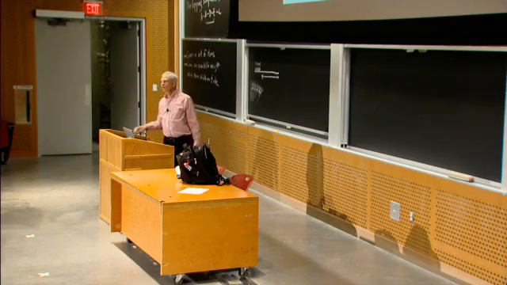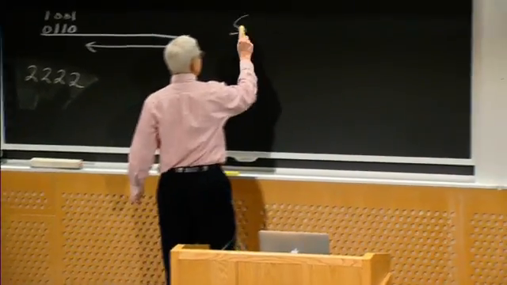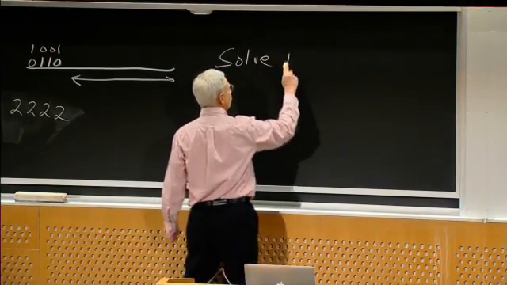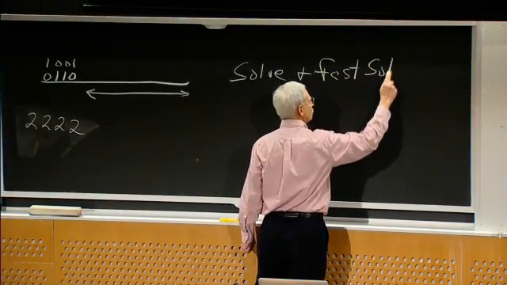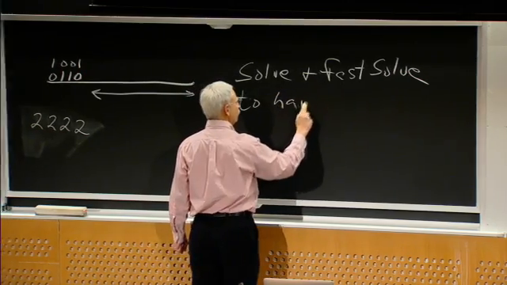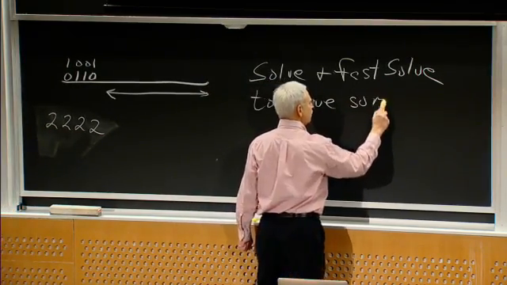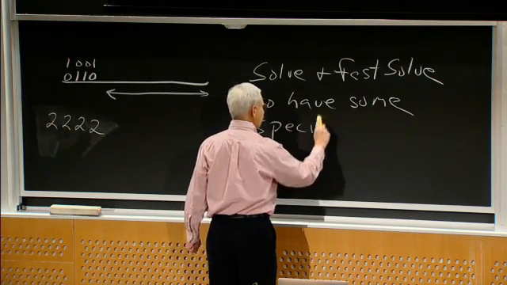And it's because, as we'll see when I get there, I want solve and fast solve, in this case, to have the same interface. And in fact, we could say I want them to have the same specification.